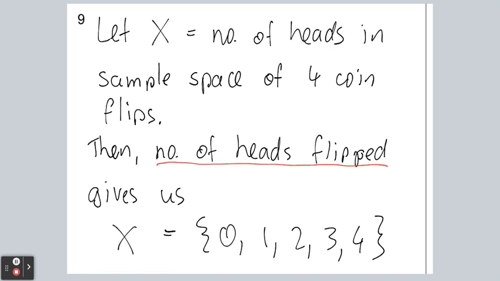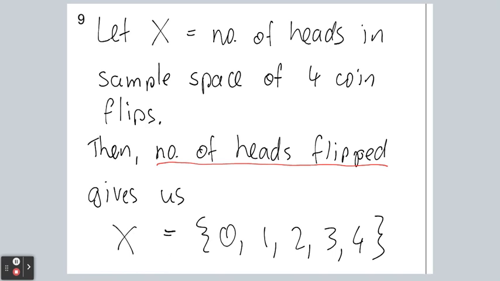Then the number of heads flipped gives us a new kind of sample space. It's the number of heads that could be flipped. And X would be the set 0, 1, 2, 3, or 4. 0 heads are flipped, 1 head is flipped, 2, 3, or 4 heads are flipped. Am I making sense so far?